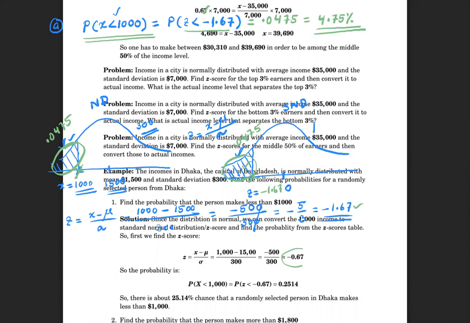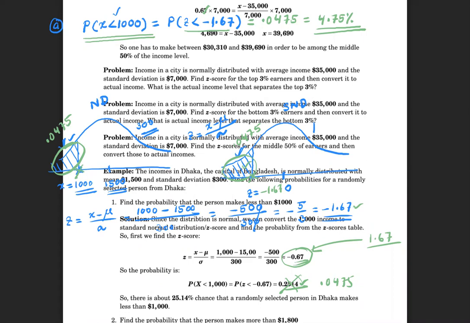It should be negative 1.67, not 0.67. So for 0.67, I got this answer. This should be negative 5 divided by 3 is negative 1.67. So there is a typo here. Please fix it. This should be negative 1.67. Okay, and then if you change this number it is going to change to 0.0475, and 0.2514 you got, that's for this value.